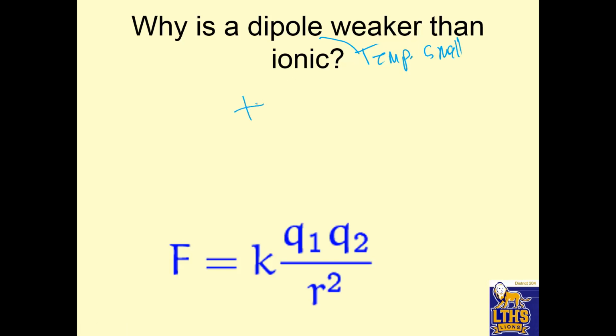So if I have a full positive and a full negative, or I have positive 0.03, that's a delta, right? Delta positive, just a little bit. Delta negative, negative 0.11, it's going to be a lot smaller. So why is dipole weaker? The charges are a lot less.